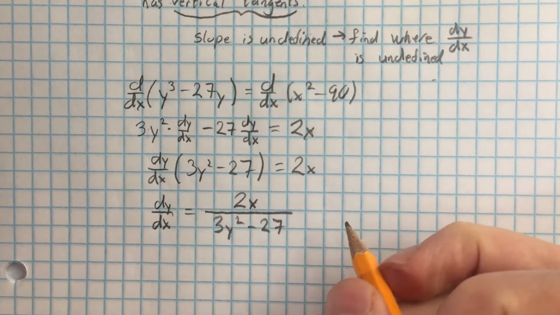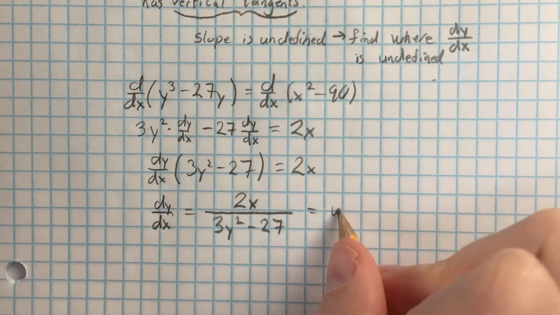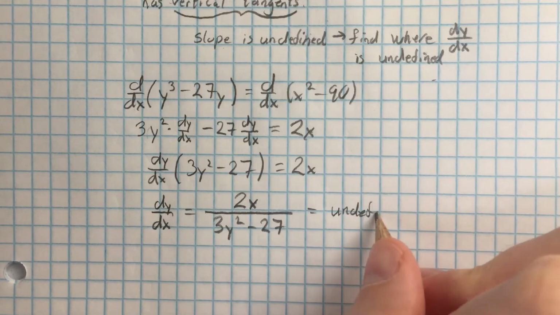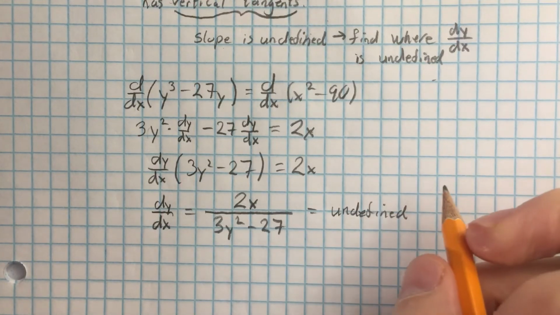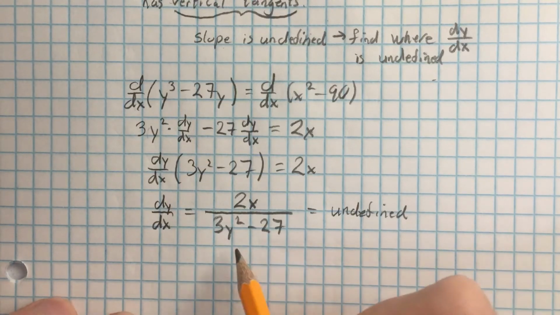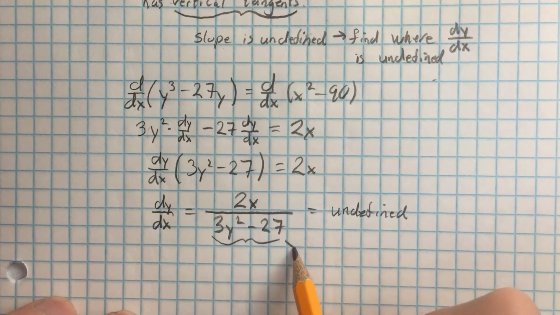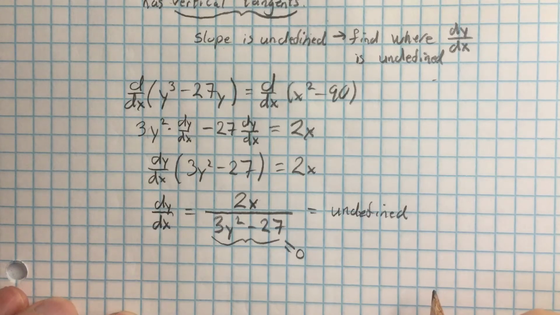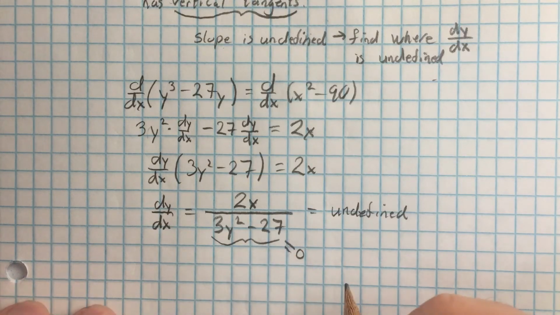All right, so I want to know, where is this undefined? Where does that happen? Well, clearly, wherever the denominator would be 0, right? Wherever that's equal to 0, you would have a location with an undefined slope, right? In this case, it would be an infinite slope.